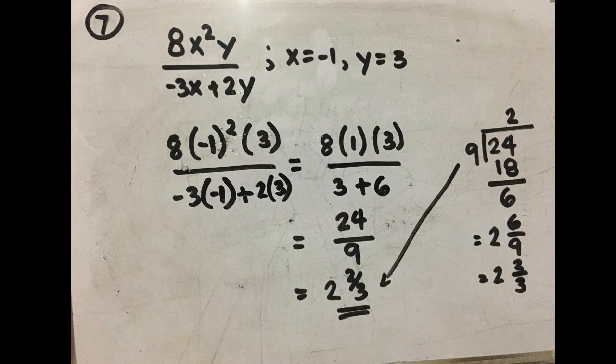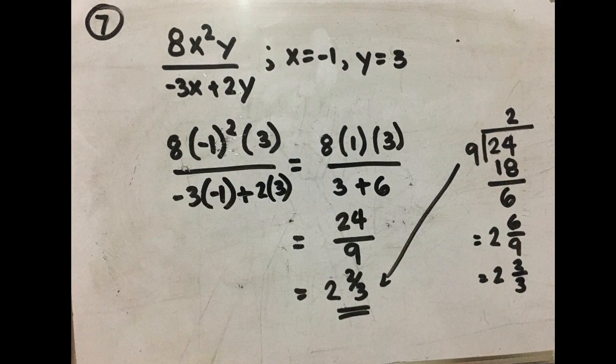So 8, the value of x is negative 1 squared, times 3, over negative 3 times negative 1, plus 2 times y, which is 3. Negative 1 squared becomes positive 1.